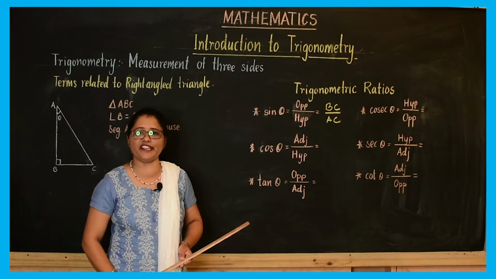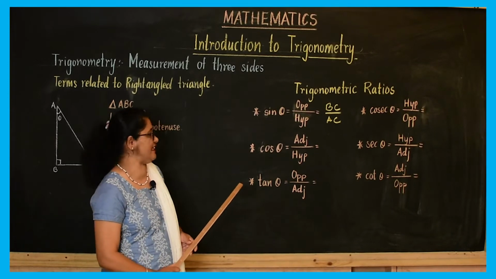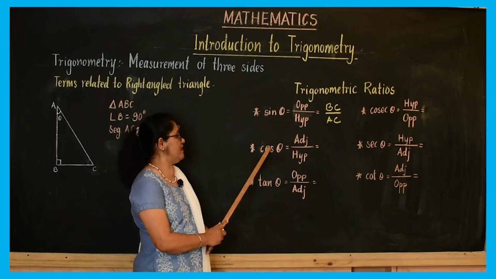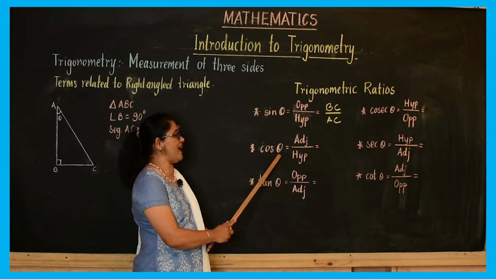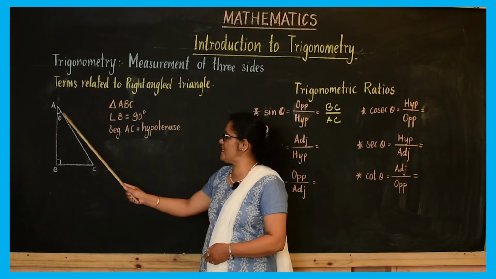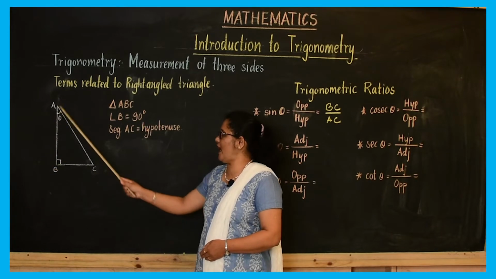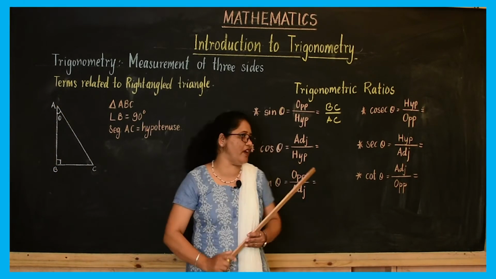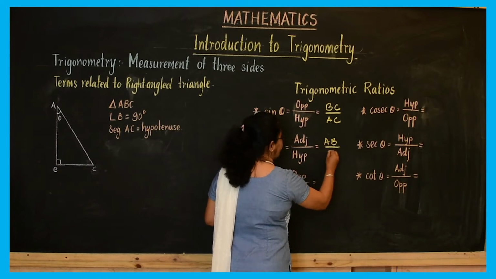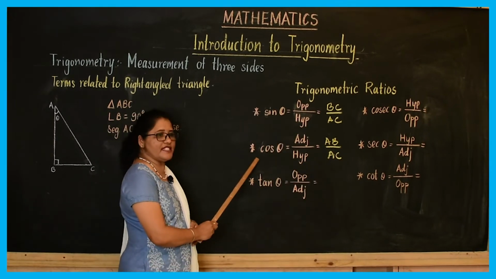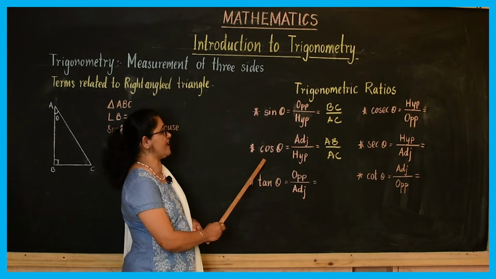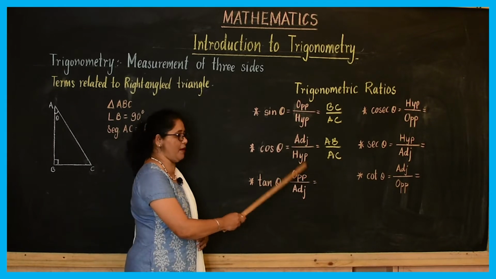The second trigonometric ratio is cosine theta, in short written as cos theta. The ratio is given as adjacent upon hypotenuse. Here the adjacent side is AB and the hypotenuse is AC, so it is equal to AB upon AC. So cosine of an angle theta is adjacent upon hypotenuse.